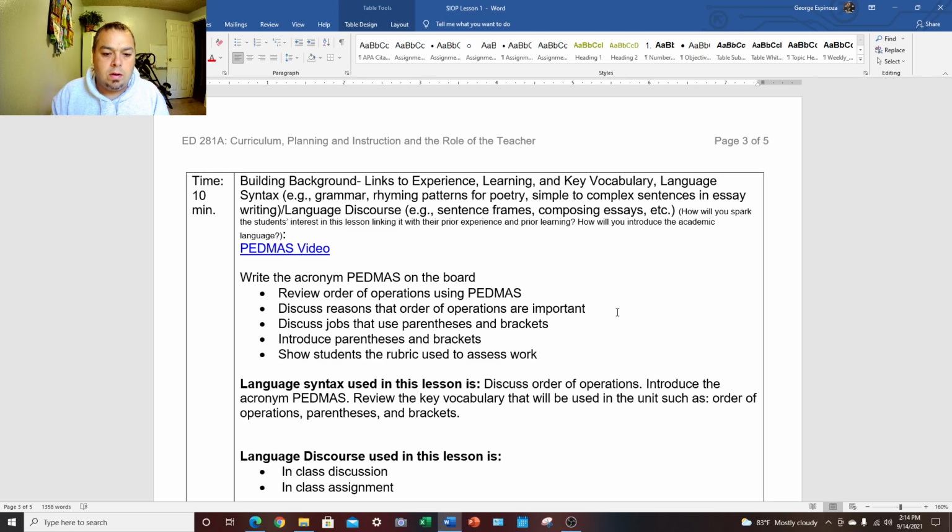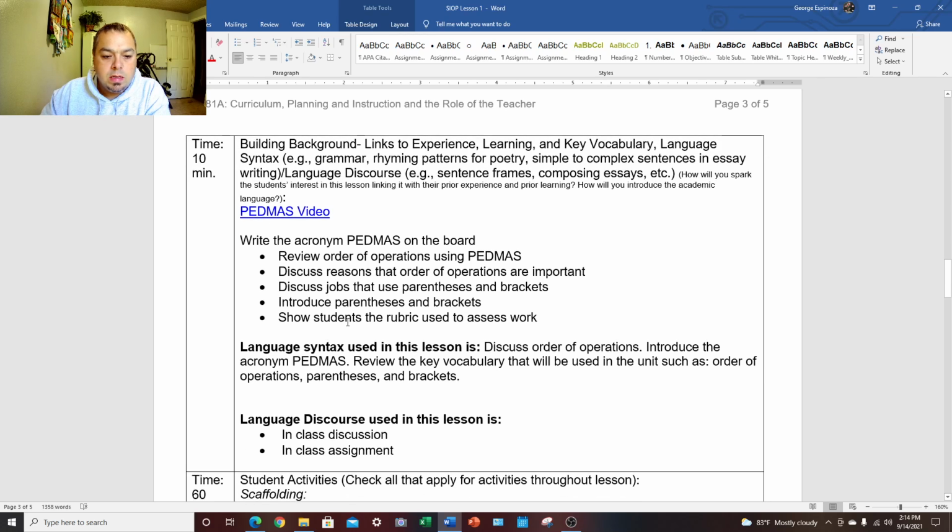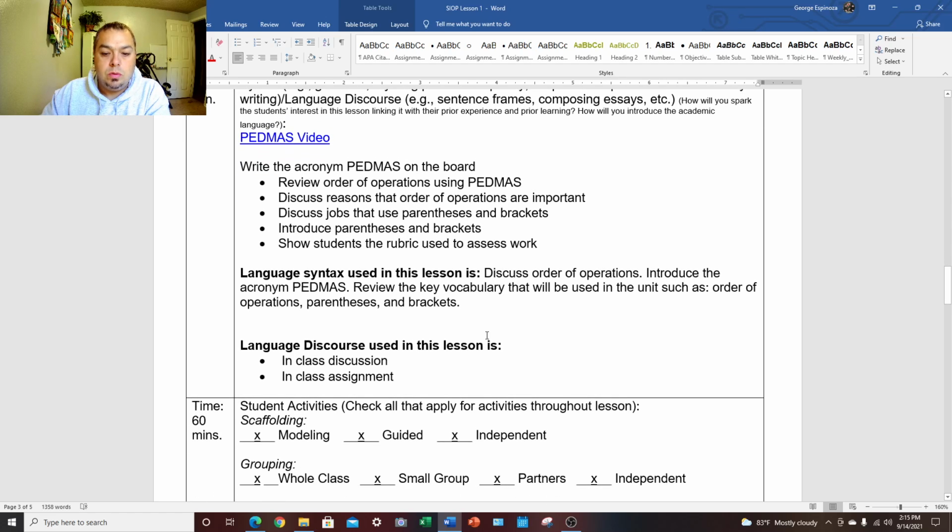So I'd write the acronym PEMDAS on the board. We would review the order of operations, discuss why the order of operations is important, discuss different jobs that use order of operations, specifically parentheses and brackets, introduce parentheses and brackets, and then show students the rubric to assess the work that we would be doing in lesson 2.